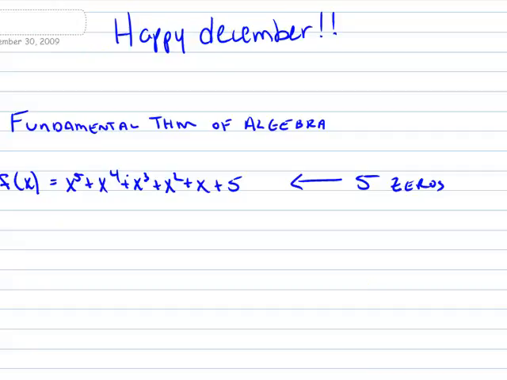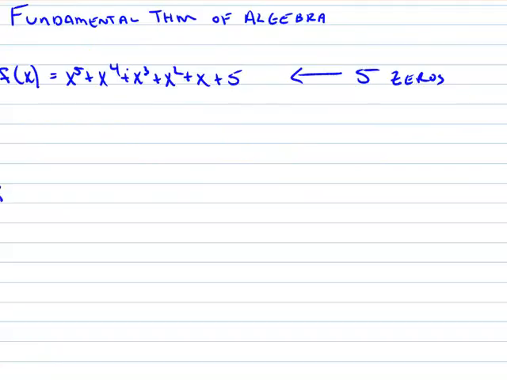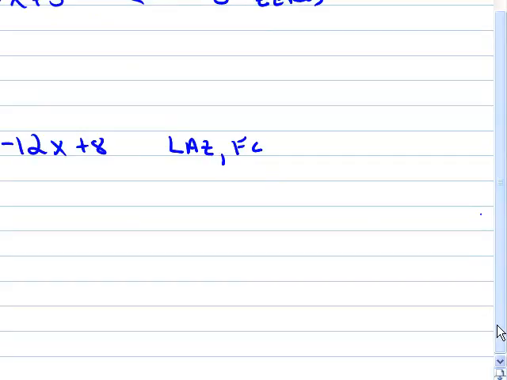So let's take a new polynomial here. Ta-da! And let's list all zeros and factor completely. Okay, so if you ask Descartes, he's going to say there are two variations in sign, so we are looking for two or zero positive reals.